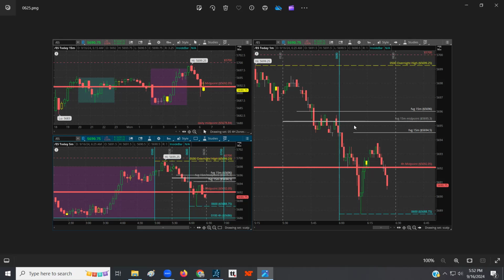On the 1-minute chart, the 15-minute potential midpoint. So my thought is, yeah, we might go back up in this area. There might be some sweet areas to trade. I'm referring to this 15-minute candle here. The low of it was this white line, and the high of this red candle was this one.